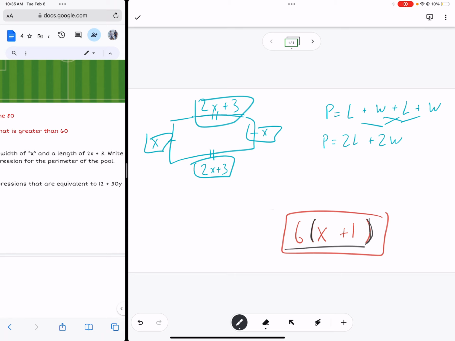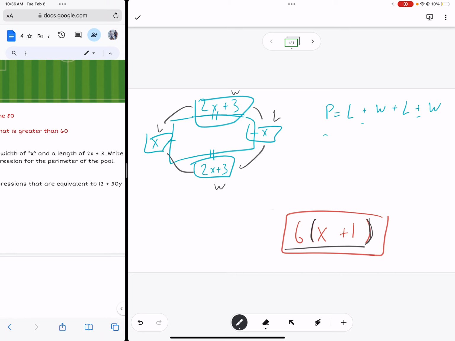All right, so Zaina, you asked, how do we get our long perimeter equation? Well, I have my equation for a perimeter. It is length plus width plus length plus width. Well, what I have over here is length, width, and width. So I added all these up.